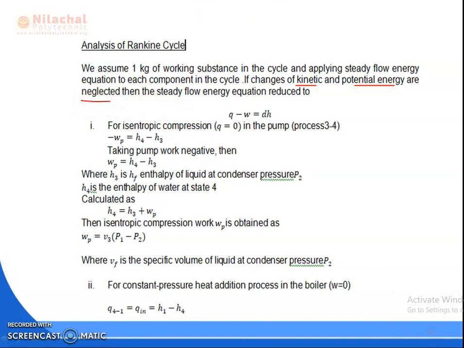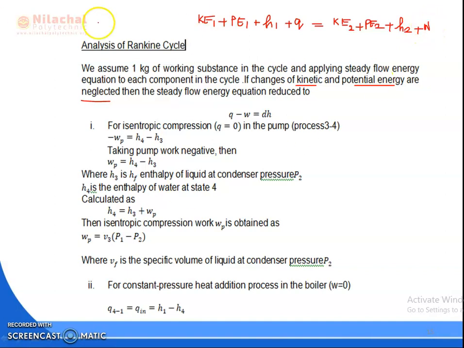So tell me, what is your steady flow energy equation? We know that kinetic energy at inlet plus potential energy at inlet plus enthalpy at the inlet plus heat transfer per unit mass is equal to kinetic energy at outlet plus potential energy at the outlet plus enthalpy at outlet, then since there is heat transfer, work must be there.